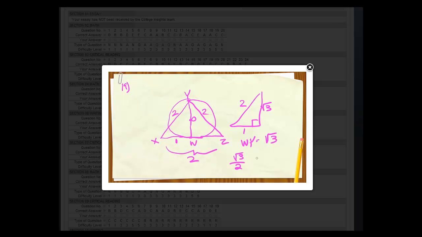And the area of a circle is pi times the radius squared. And this would work out to be square root of 3 squared is 3, over 2 squared, which is 4, times pi, which is 3 pi over 4. And that one is answer choice C.